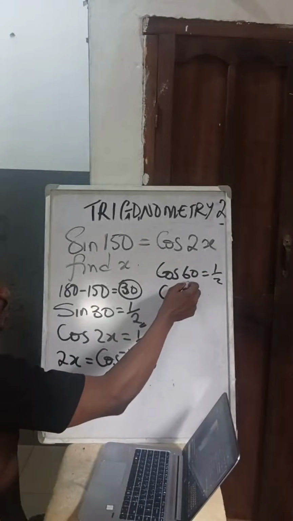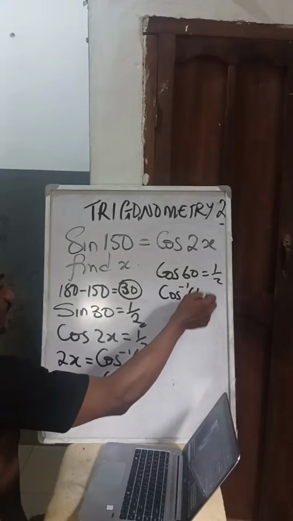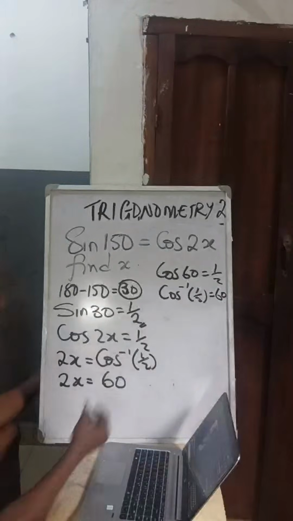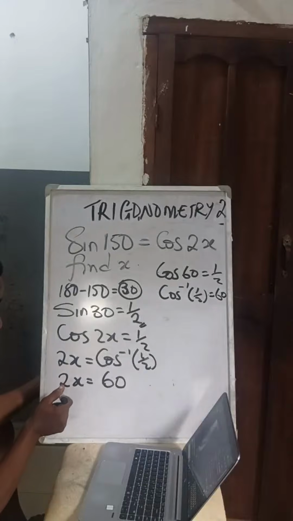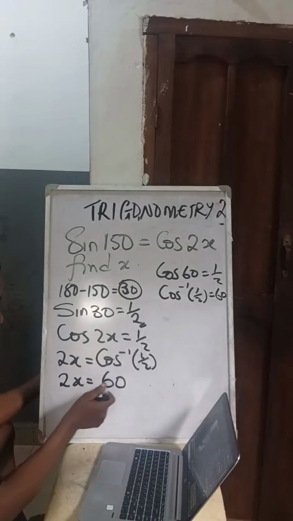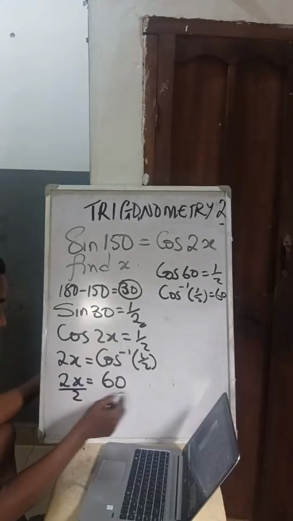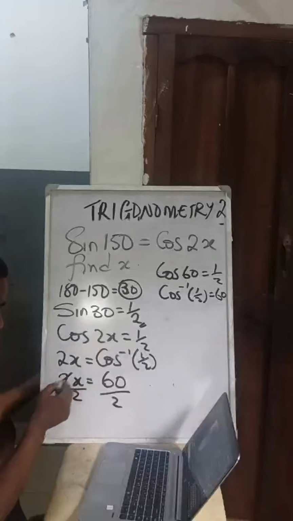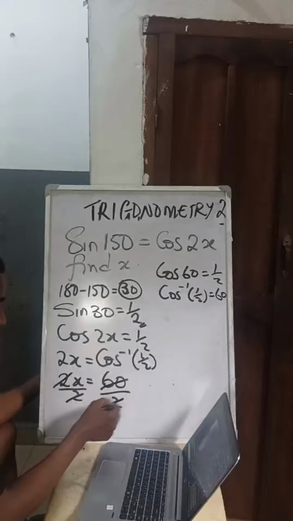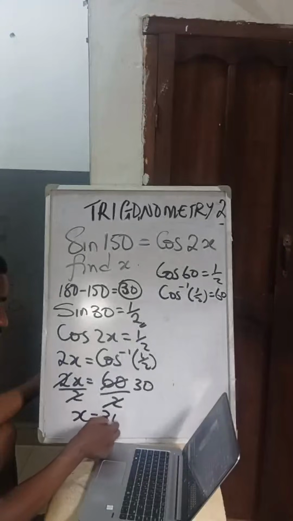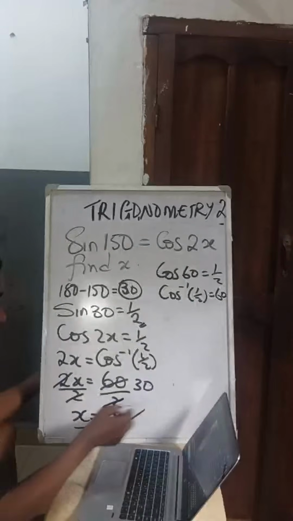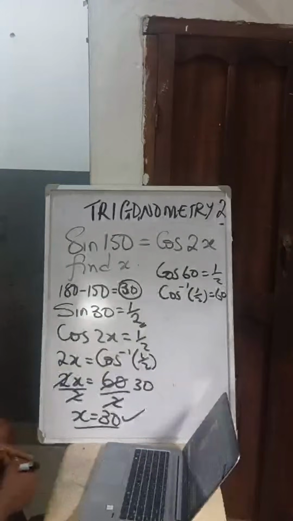So from here, 2x is equal to 60. You now divide both sides by 2. 60 divided by 2 gives us 30. So x is equal to 30.